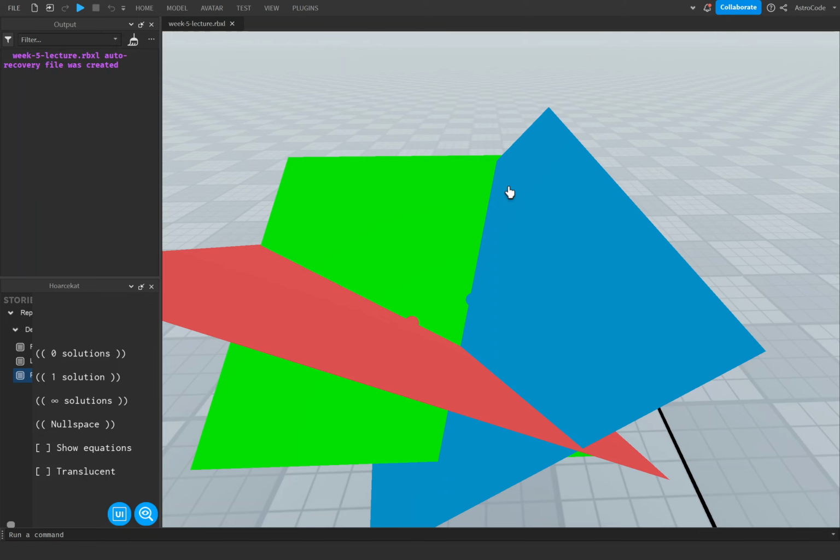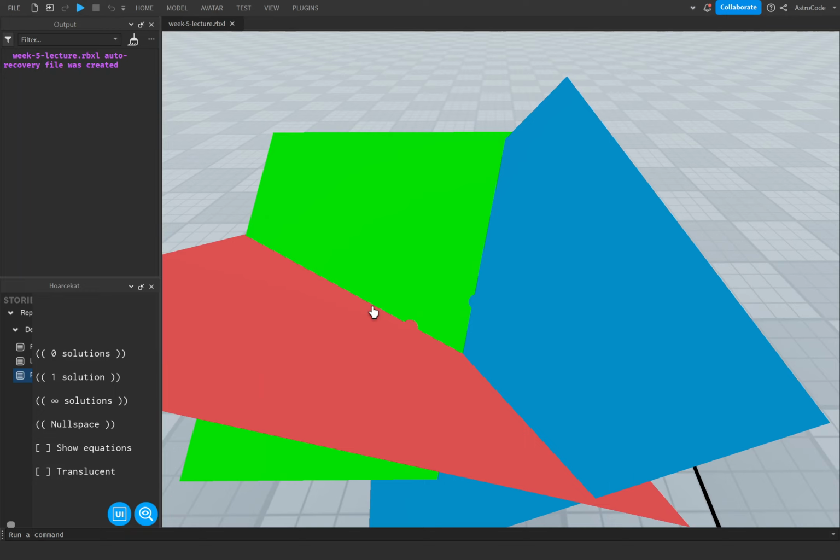Throughout the row reduction process, the planes shift, but they always intersect at that one point. They rotate around that one point. So the planes change, but the solution does not. I wish I could have shown you an animation of that. I didn't have time, unfortunately, but that's how you can think about row reduction geometrically.